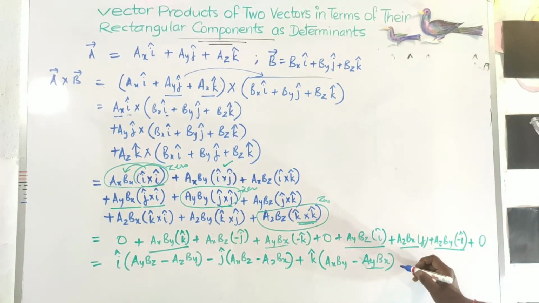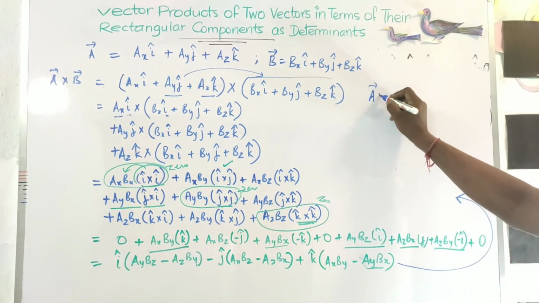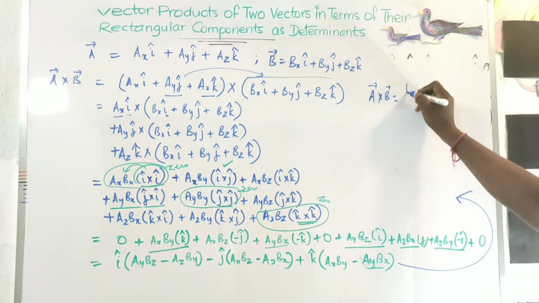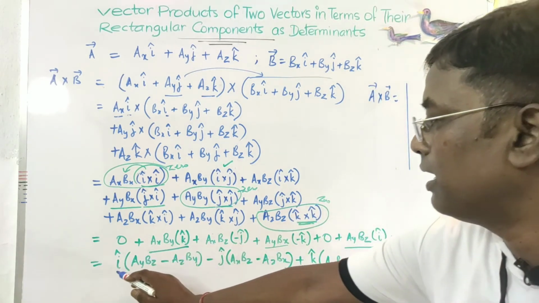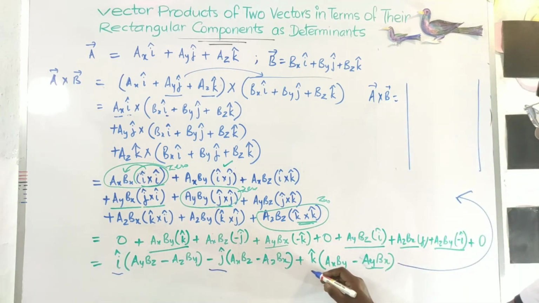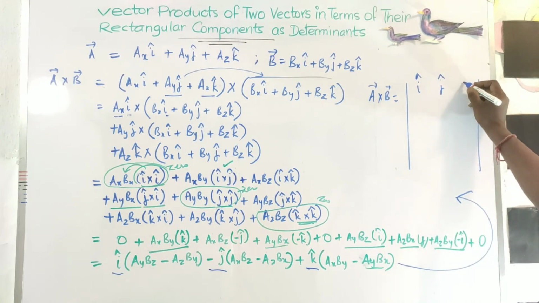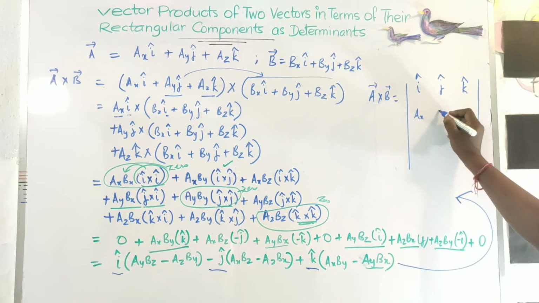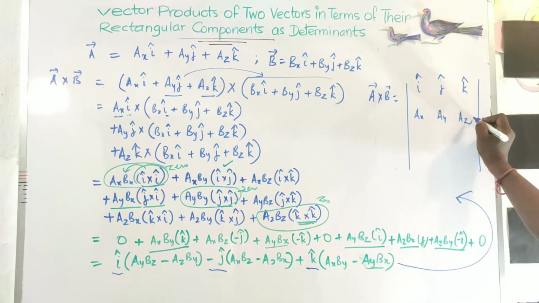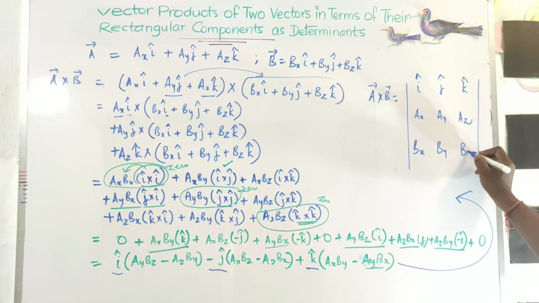Now here, how to write? Here i, j and k. So a cross b in determinant form: here i, j and k, the middle term is j and the last term k, and ax, ay, az and bx, by, bz.